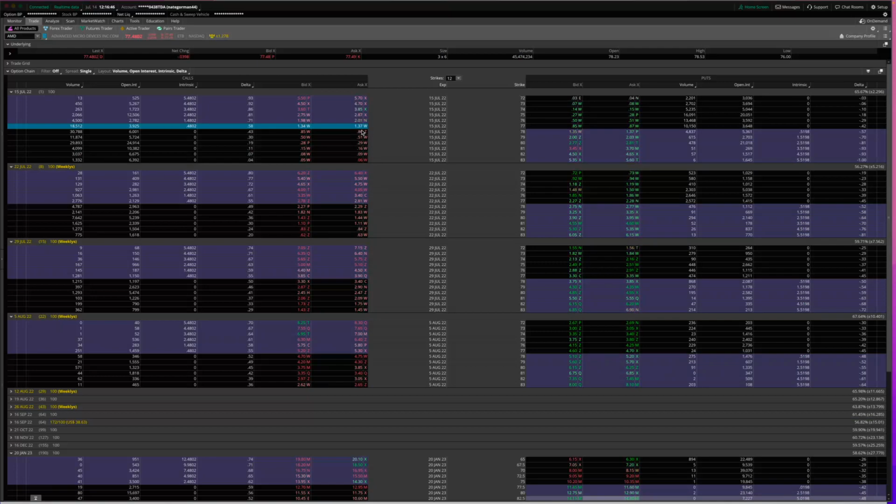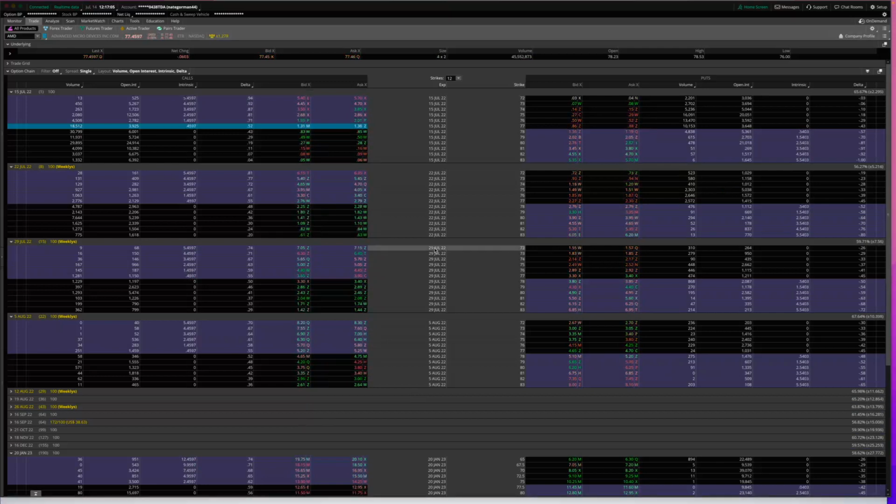And so we have our bid and our ask. The calls are on the left side. The puts are on the right side. And so it's a lot to digest when you look at a screen like this, to try and understand what you're looking at.